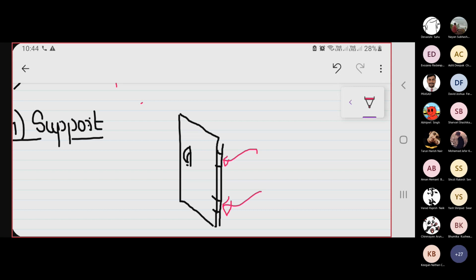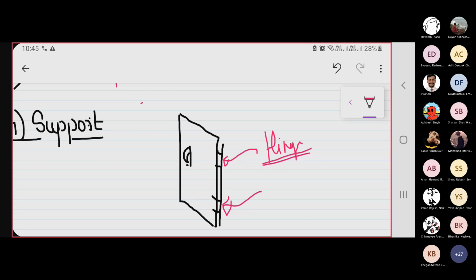What is that? Tell me. It is a hinge. Right, hinges are attached so that you can close and open the door.